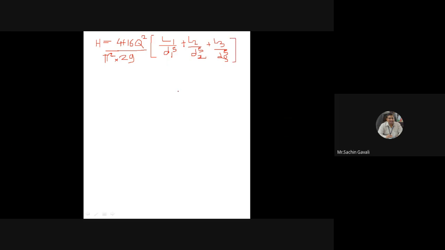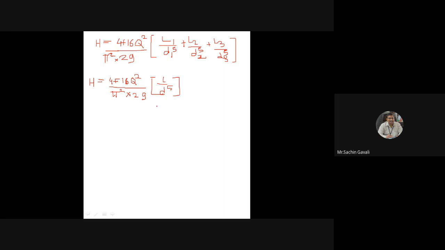This is for the compound pipeline, and H for only one uniform diameter pipe, which we call the equivalent pipe, is equal to 4F 16 Q square divided by pi square into 2G, into bracket, L upon D raised to 5.